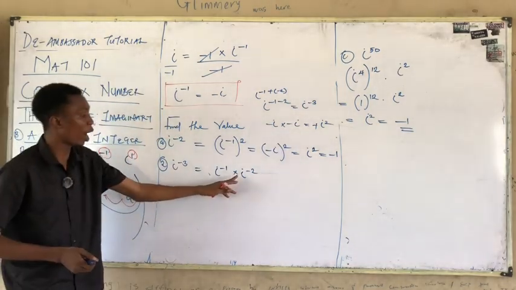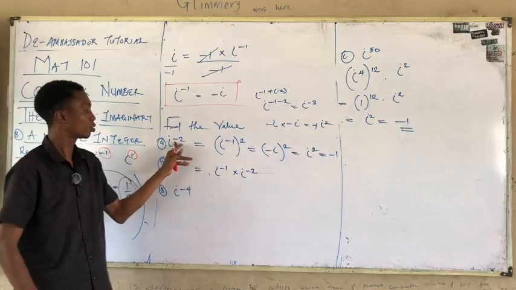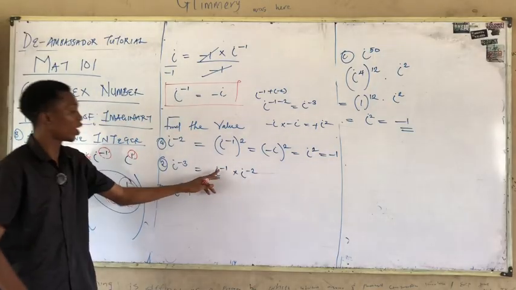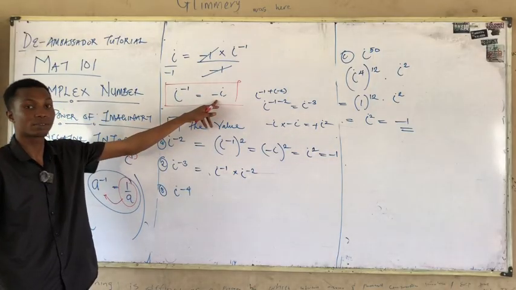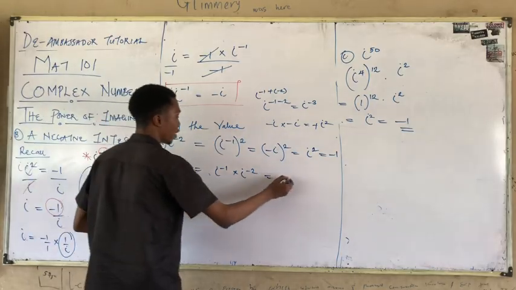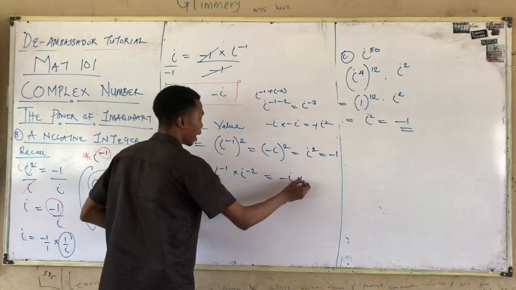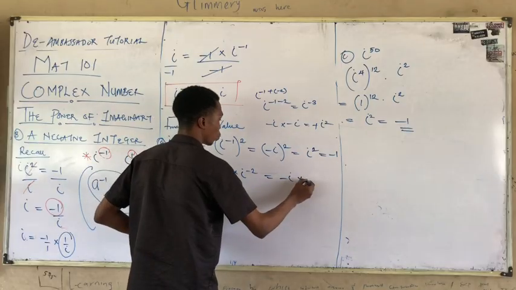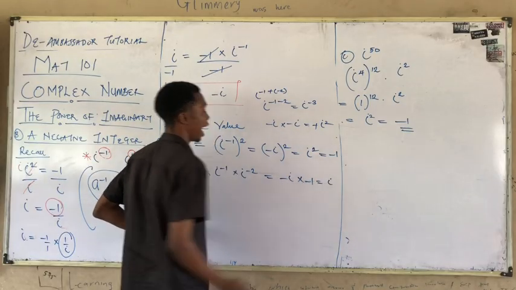So what's the value when our i is -1? -2. What's the value when my i is -1? Very good. So what will I have? Minus i, isn't it? Multiply by what? -1. What's the answer? i.